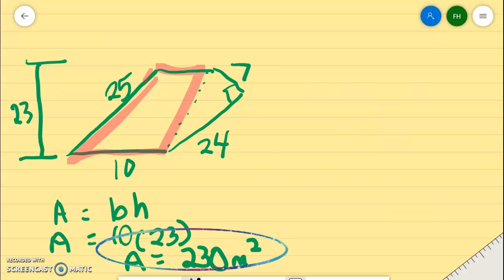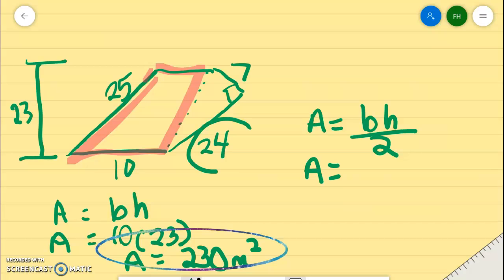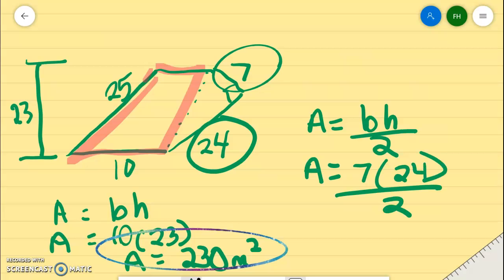And then we have to find the area of that triangle, which is your 1/2 base times height, or base times height divided by 2. For your triangle, you have basically two numbers to work with here. You have the 24 and you have the 7. It really doesn't matter which one you put for what. It's just 7 times 24 divided by 2.